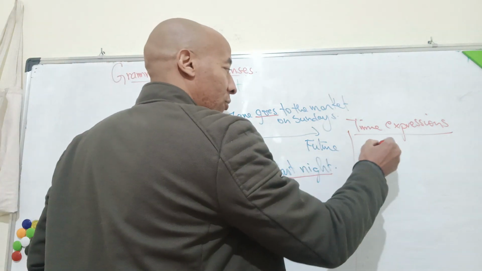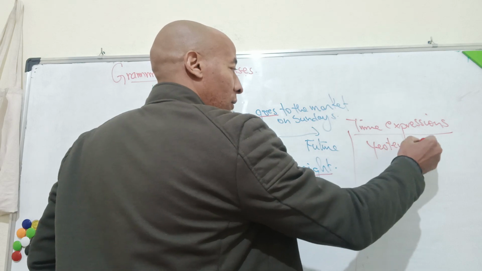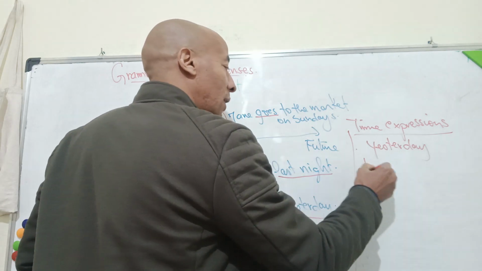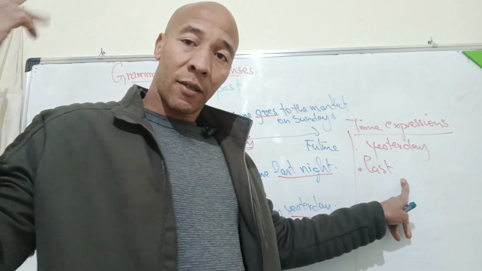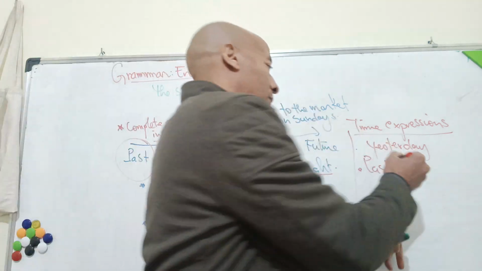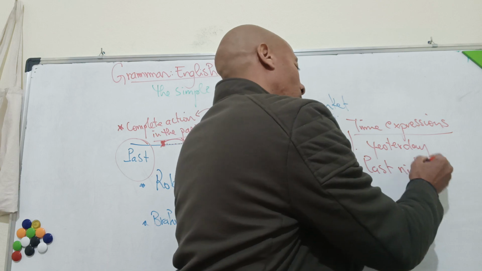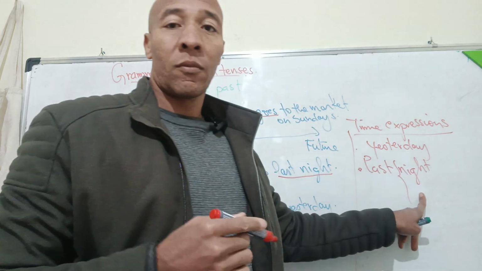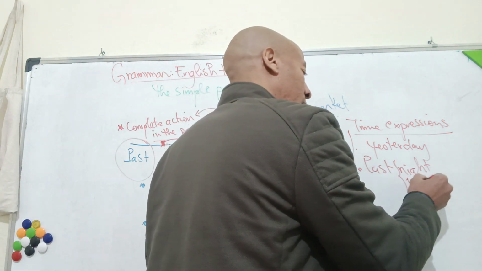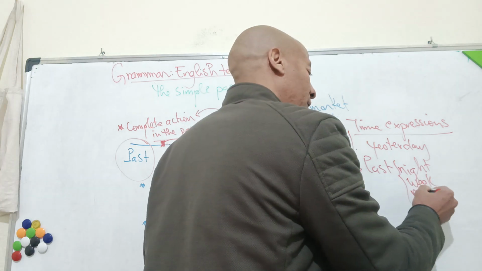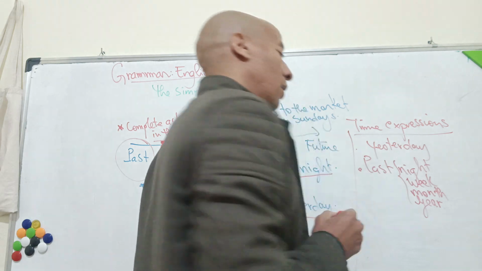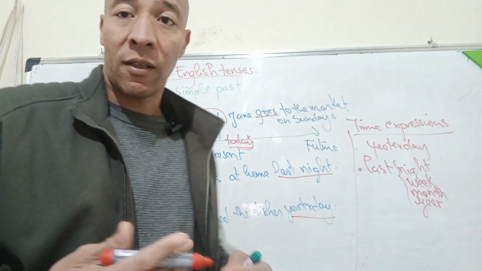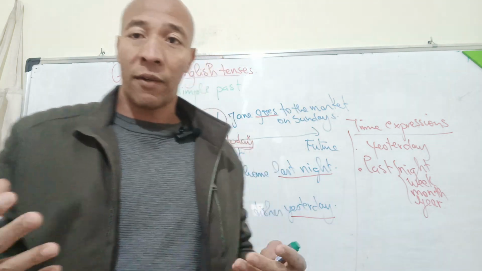So we can say yesterday. We can say also last, so here we can say last night, also last week, why not? Last month, last year, last weekend, last anniversary, whatever, okay?